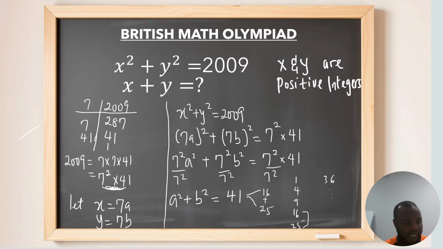Now, a can take two values, so here we're going to have two cases. Case number 1.